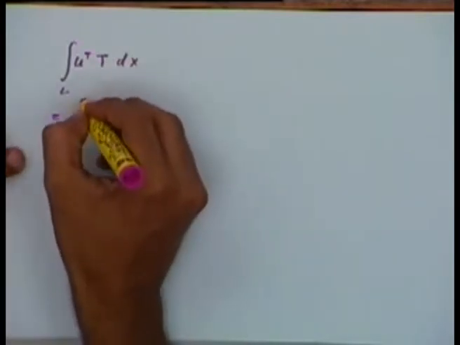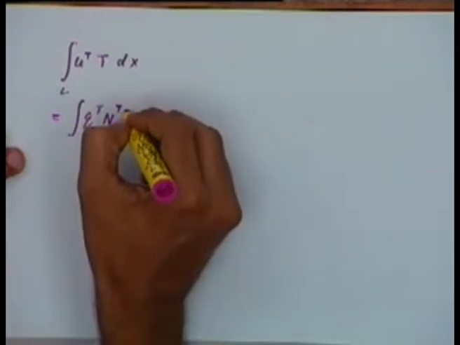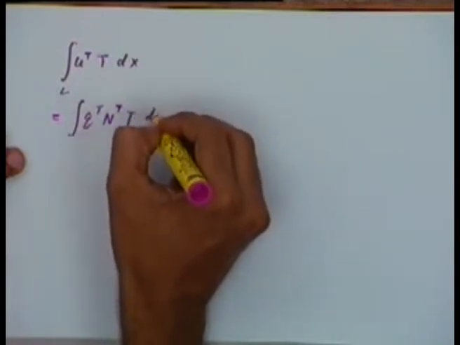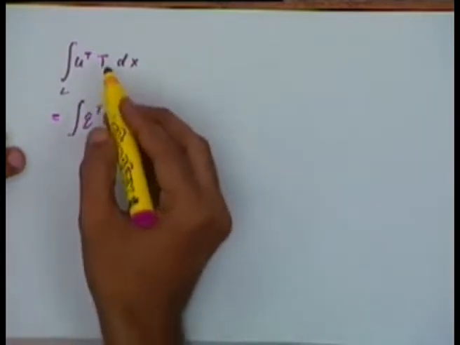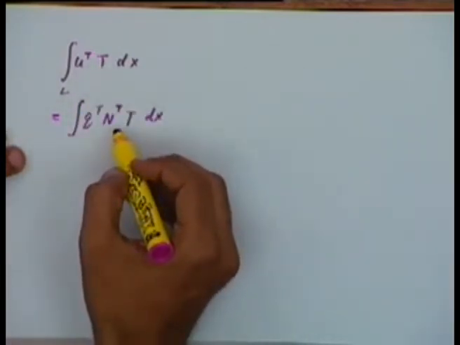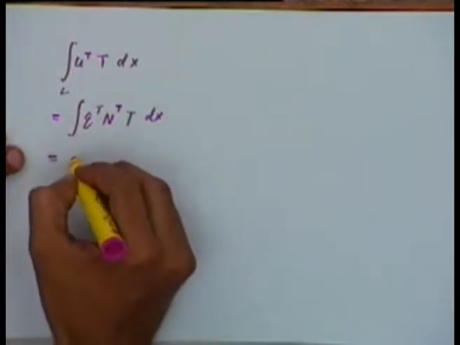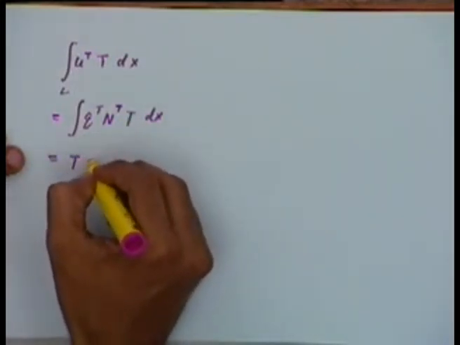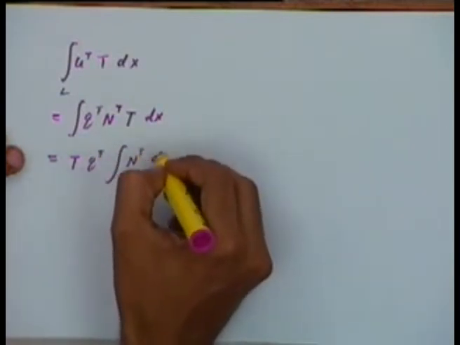This is equal to integral of q transpose n transpose multiplied by t dx, because I know u is equal to nq, so u transpose is q transpose n transpose. We just did that. This is equal to t into q transpose into integral of n transpose dx.